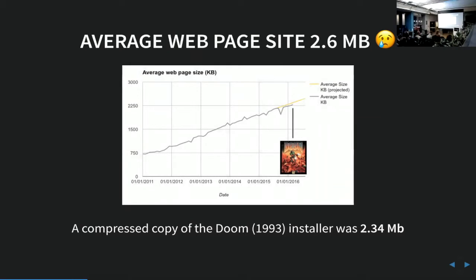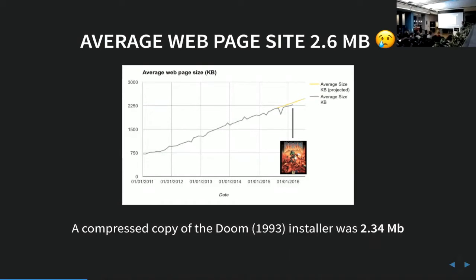Where are we now? The average web page size is now 2.6 megabytes, calculated at httparchive.org. I don't know if it's 1,000 websites or more than 10,000 websites they crawled to make this statistic, but in general, we are at 2.6 megabytes.